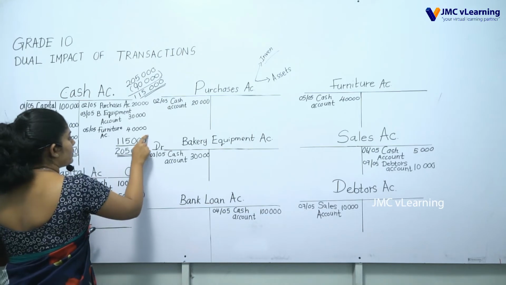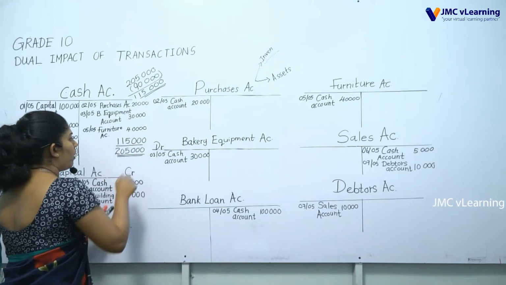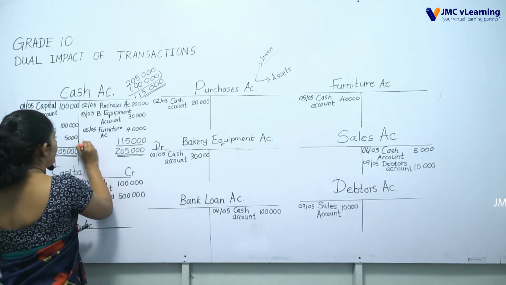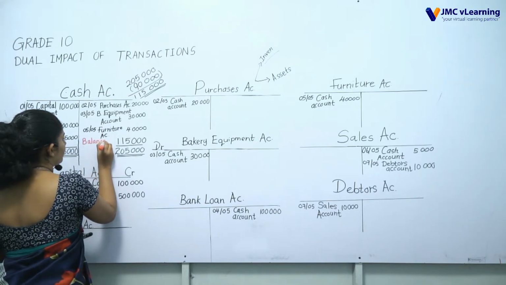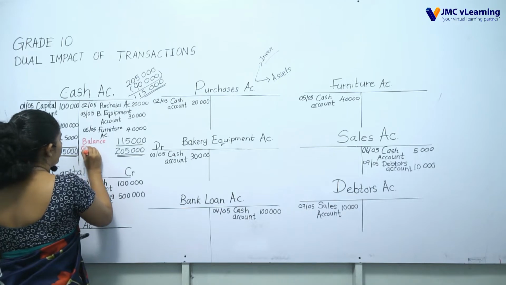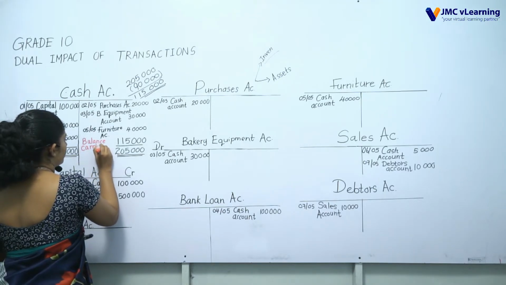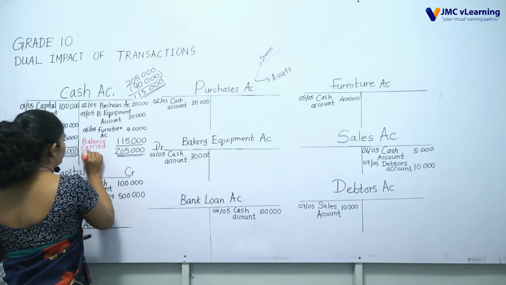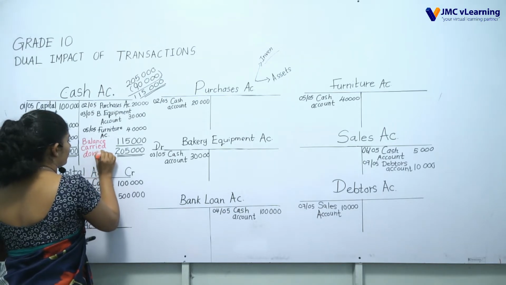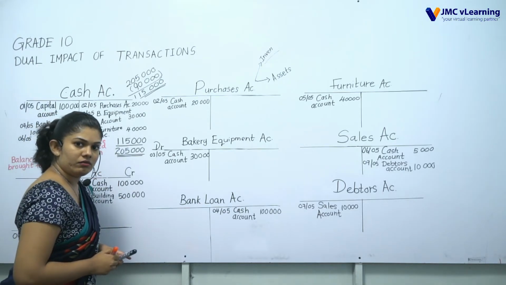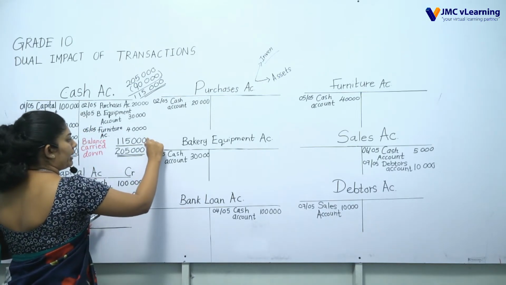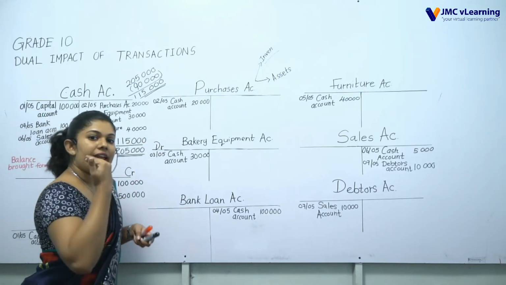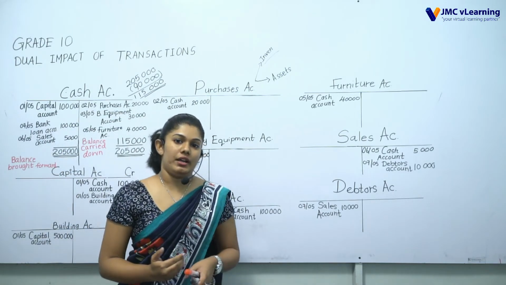So, this value here, we call it balance carried down. What is balance carried down? That means we are taking this balance to the next accounting period.